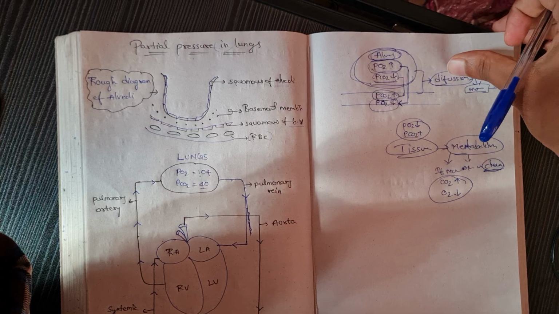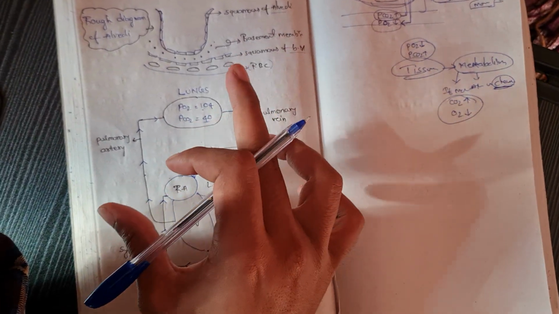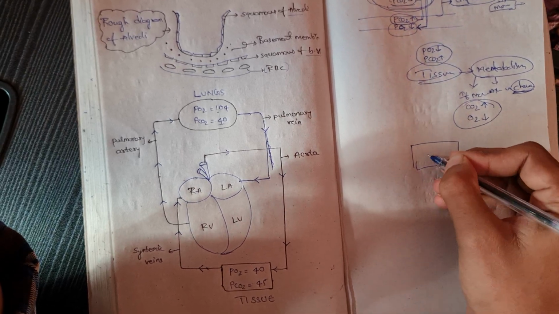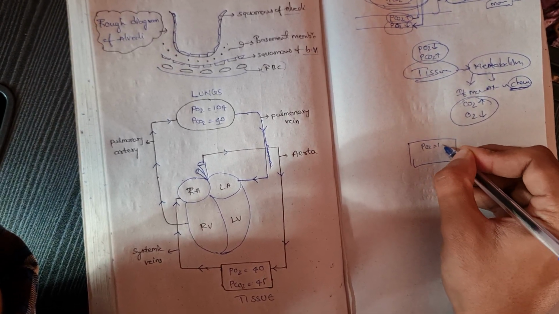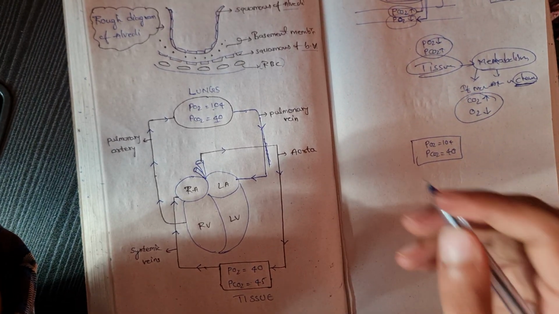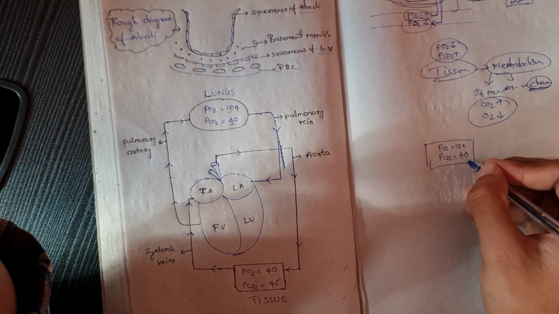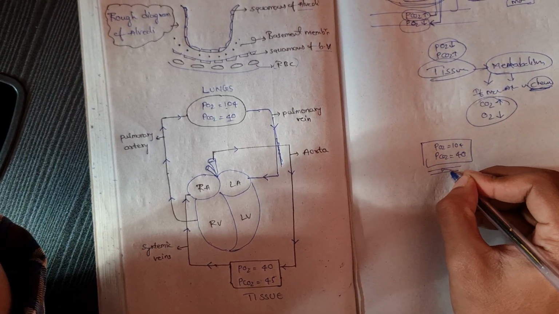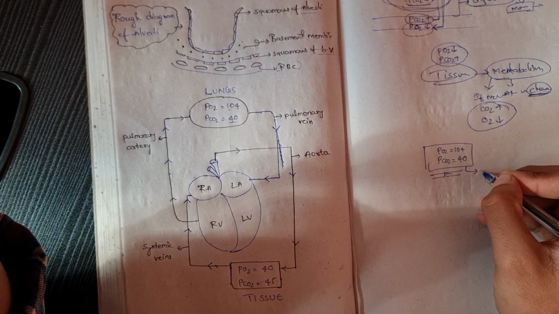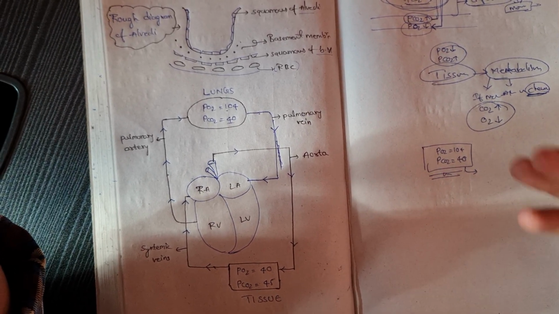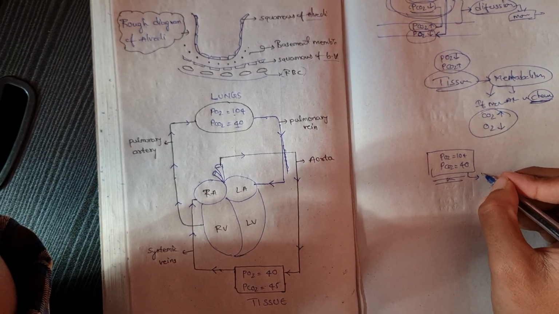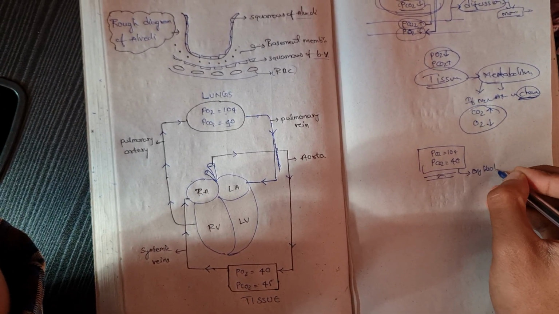So now I am going to explain with values. See, this is the alveoli now. Here the partial pressure of O2 is 104 and the partial pressure of CO2 is 40. Okay now guys. So in this, diffusion will happen and after diffusion, the blood is oxygenated and we call that blood oxygenated blood.